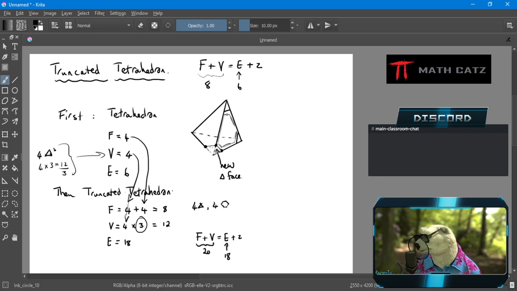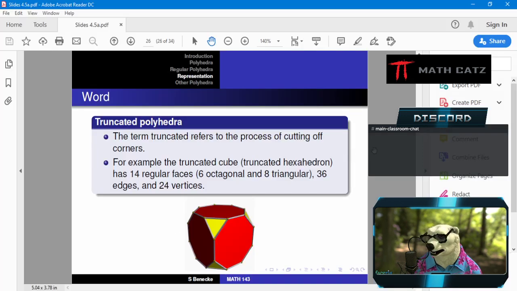Next up, I'm just going to leave it like this so the webcam doesn't block anything. So we had the truncated concept. Now, where did this come from? It came from the fact that in the Platonic solids, we had the very strict requirement that everything's regular and there's only one polygon to use as the faces.